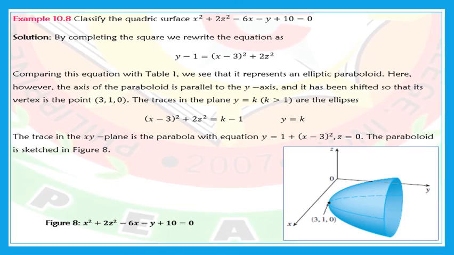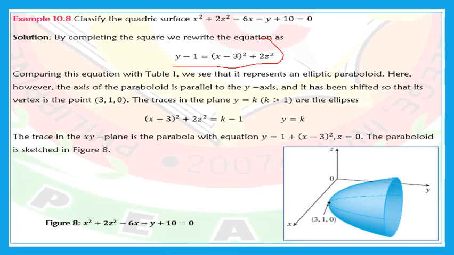Last example class. Classify the quadric surface x squared plus 2z squared minus 6x minus y plus 10 equals 0. So by completing the square, we rewrite the equation as y minus 1 equals to x minus 3 squared plus 2z squared. Okay.